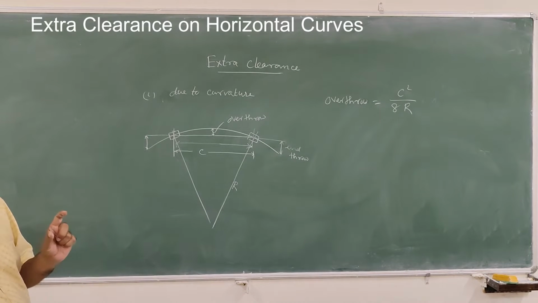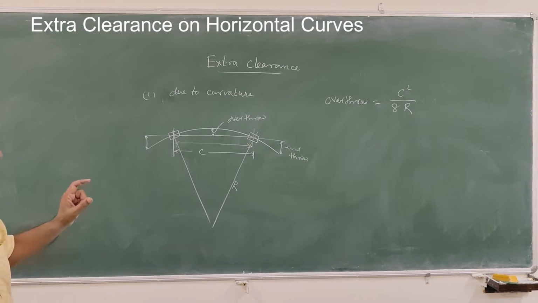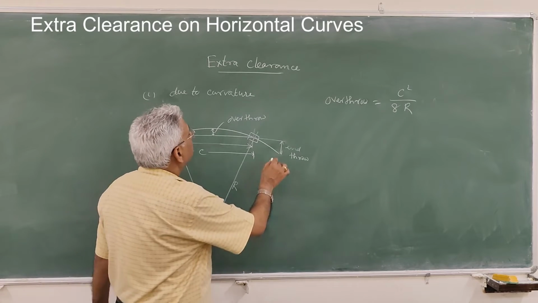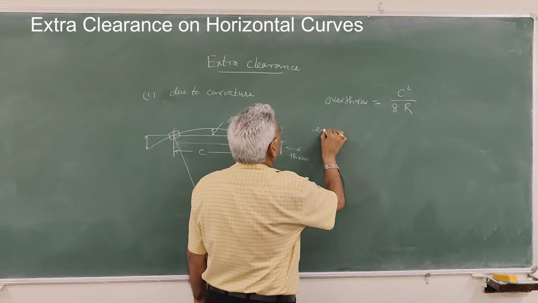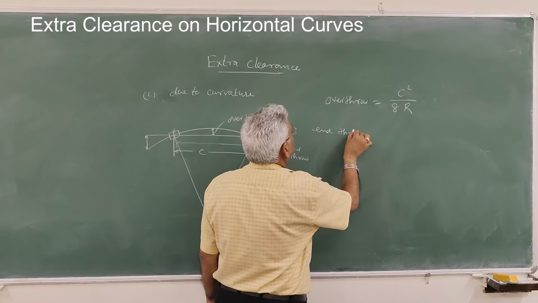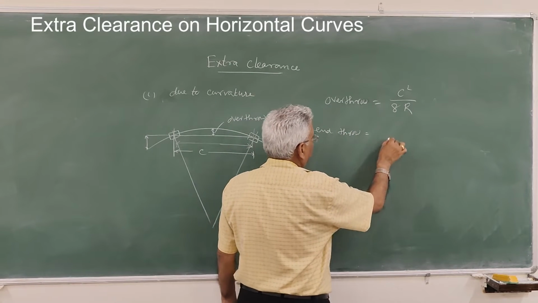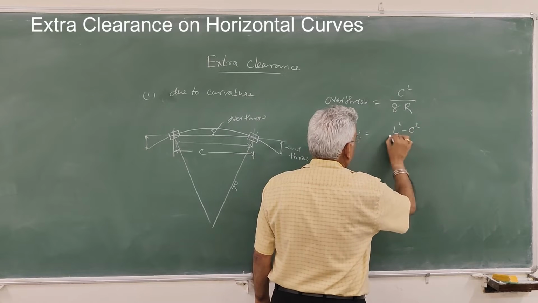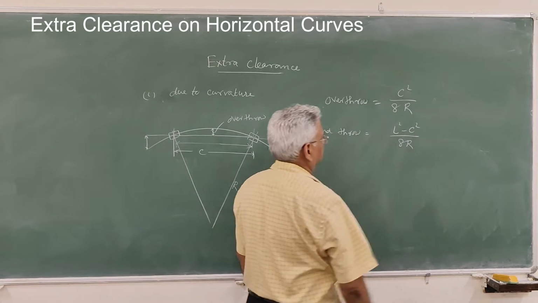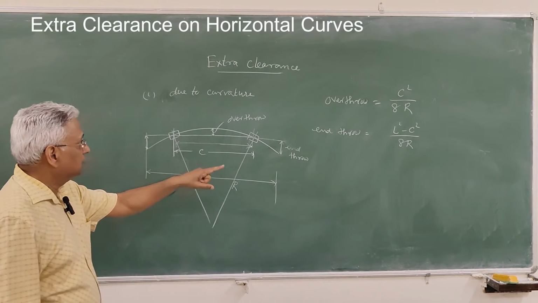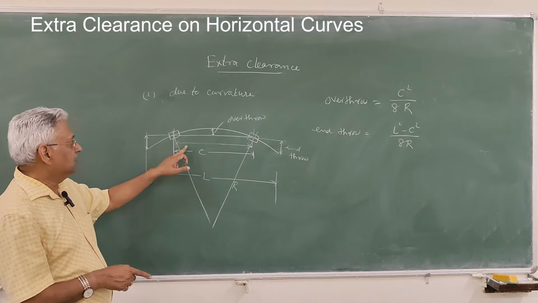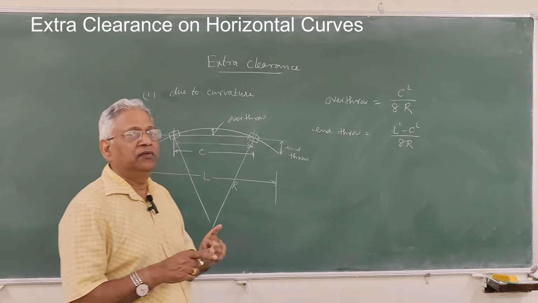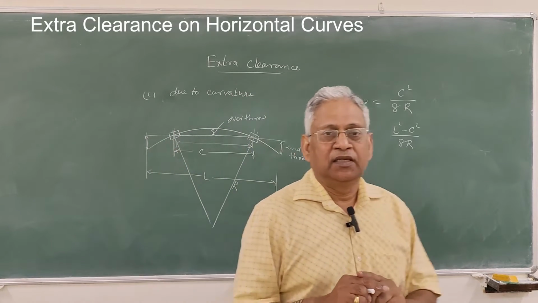End throw here is given by this equation. End throw is L square minus C square upon 8R. Here in this equation, L is the length of the vehicle and C is the center to center distance between bogies.